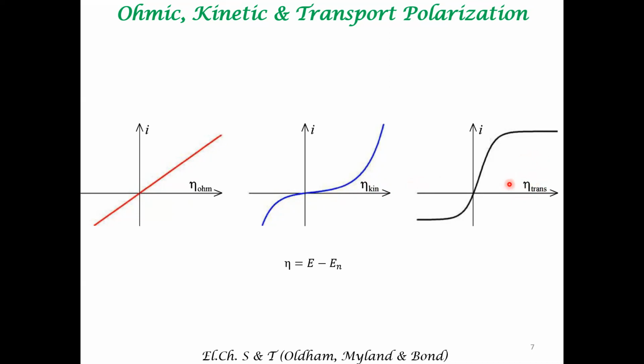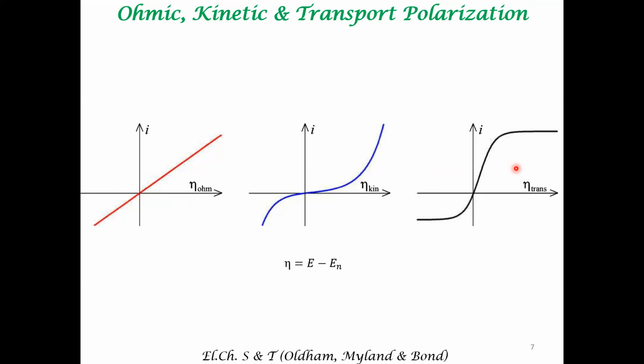So every curve, if you notice, has a linear part, an exponentially rising part, and a part where the current plateaus off. All parts of the response of the current to variation of potential can be understood by these three polarization mechanisms or overpotentials. All parts of I versus E are in effect what you tend to measure.